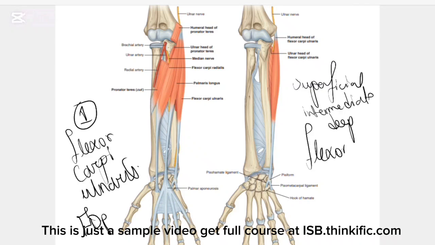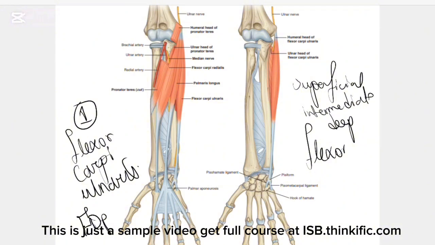Only these two muscles, but the rest of the muscles are supplied by median nerve or branches thereof. The flexor carpi ulnaris and the medial half or ulnar half of FDP, that is flexor digitorum profundus, are supplied by the ulnar nerve, branches from the ulnar nerve.